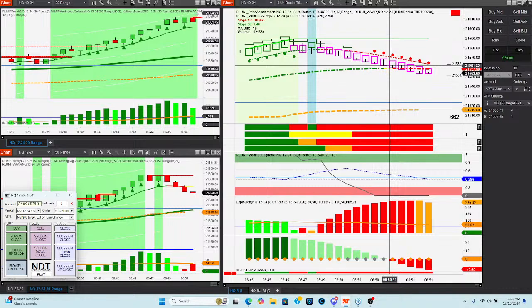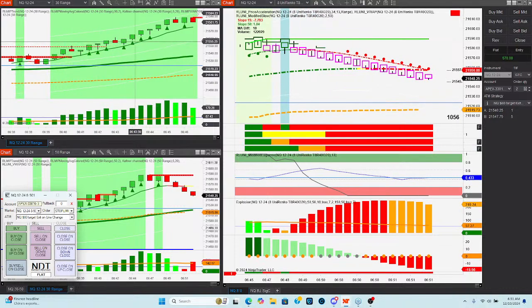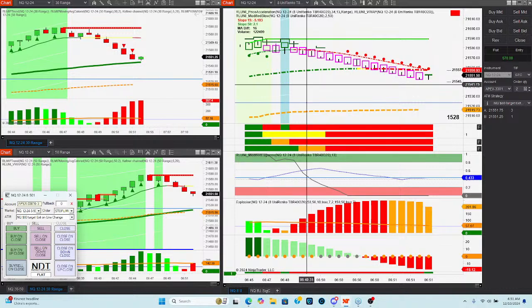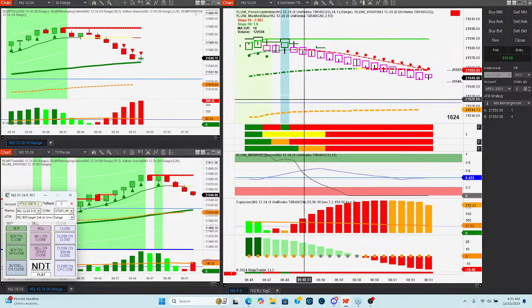That's usually the hard part, because they say, well, why don't you just trade the 30 range chart, which you could, and that would be one of the auto trade packages we have already.